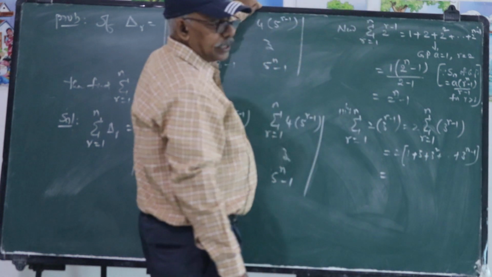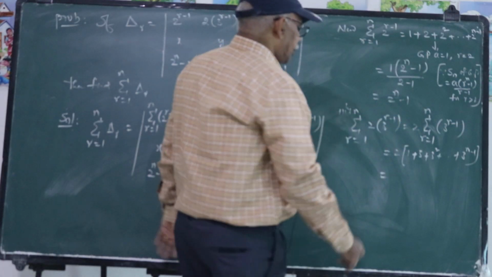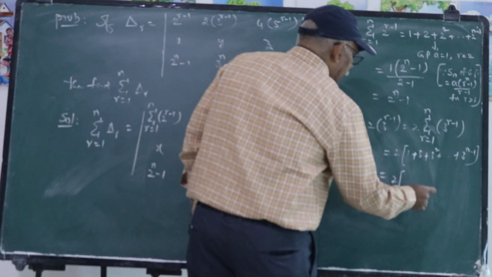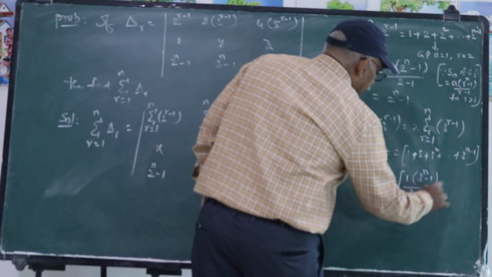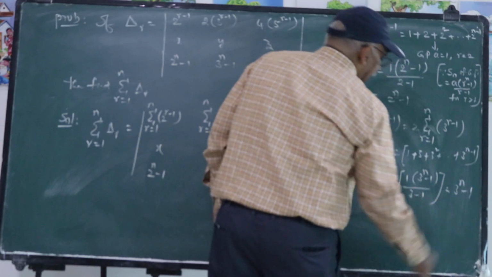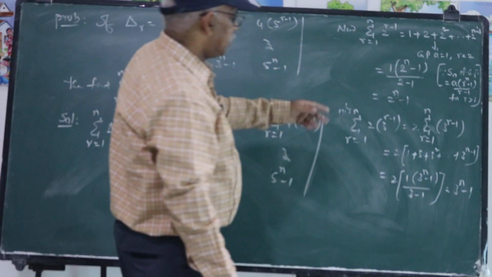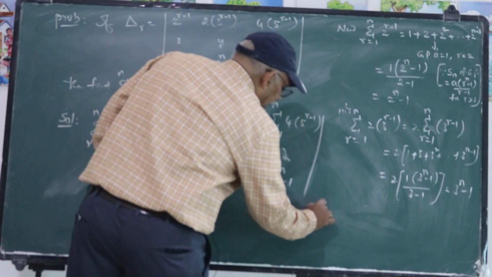This is also in GP. Instead of 2 here we have 3. So that we get 1 into (3 power n minus 1) by (3 minus 1). So the 2 cancels. Hence 3 power n minus 1 is our value.